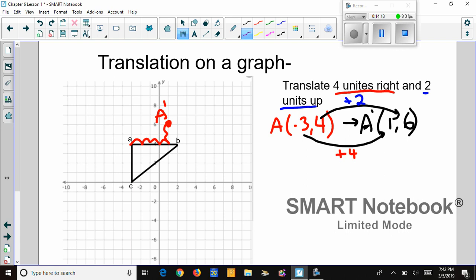Let's work on point B. So point B is at 2, comma 4. But I'm going to take it and go 1, 2, 3, 4, 1, 2, and I get B prime in its new location.